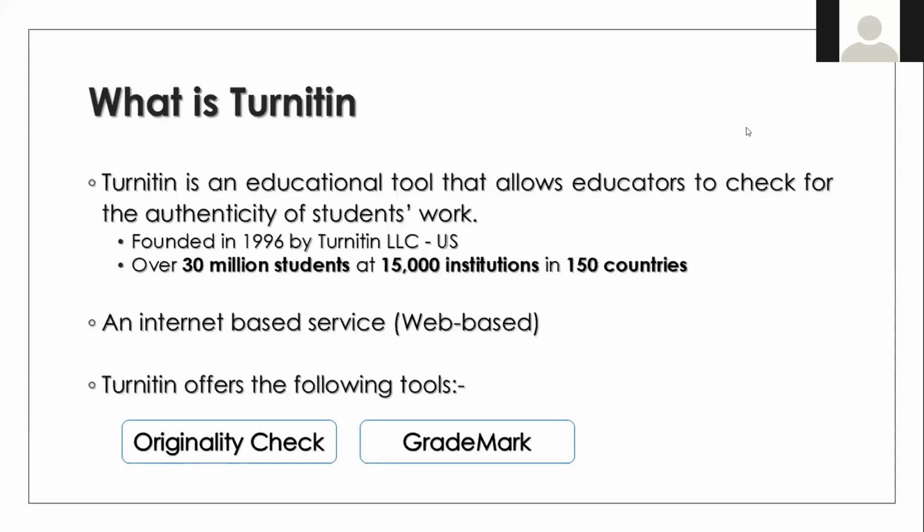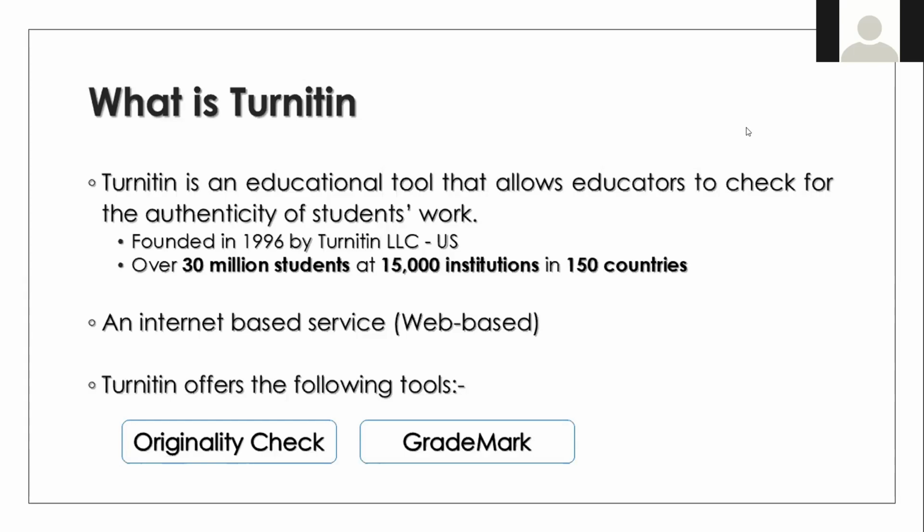Turnitin is an internet-based service, meaning you do not need to install anything. You just need a browser, and then you log into www.turnitin.com with your username and password. How do you get the username and password? You need to request it from the admin, as mentioned by Mr. Pack just now.